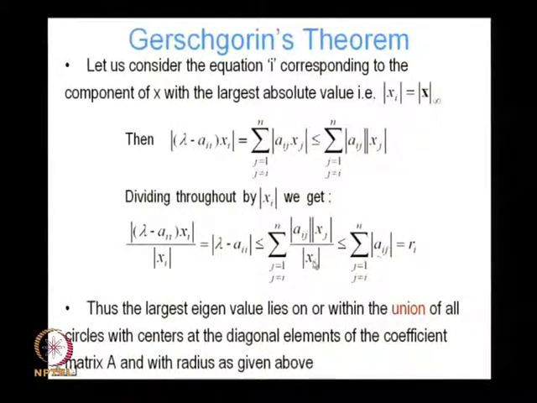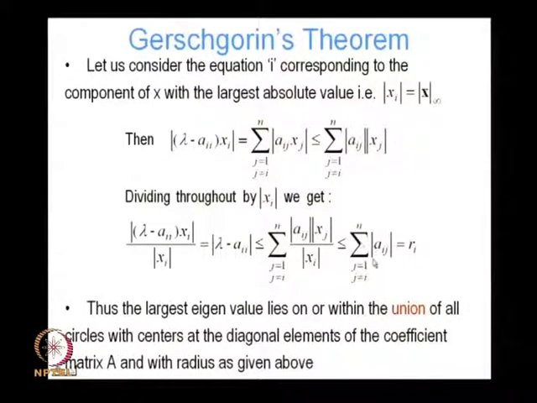Why? Because we have chosen i to be the largest component in the x vector. So all the xj's, where j spans from 1 to n and j is not equal to i, are going to be less than xi. So this factor, mod of xj by mod of xi, is going to be less than 1.